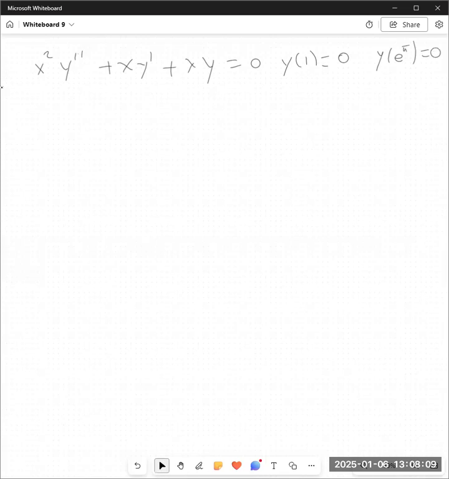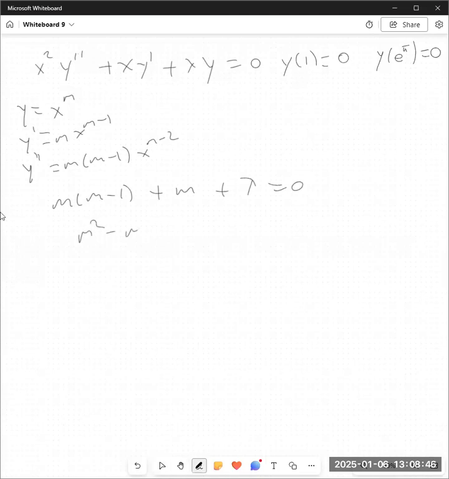So let y equal to x to the m, y prime equals m x to the m minus 1, y double prime is equal to m times m minus 1, x to the m minus 2. So this becomes m times m minus 1 plus m plus lambda equals 0 for my auxiliary equation.